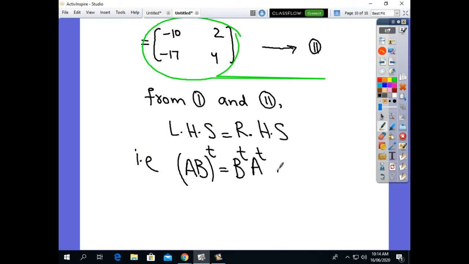Now similarly you can solve question number 6 part number 2, that is BC whole transpose is equal to C transpose B transpose.